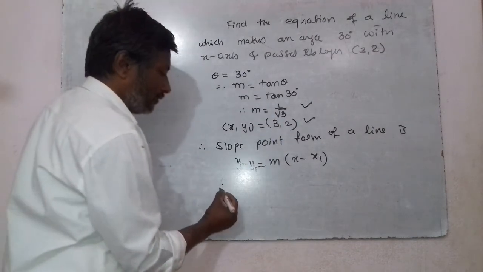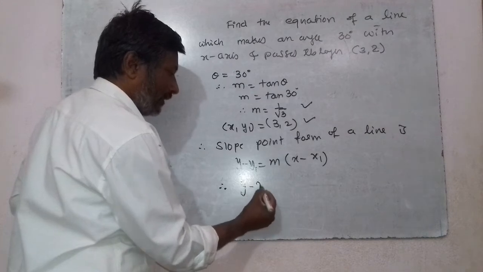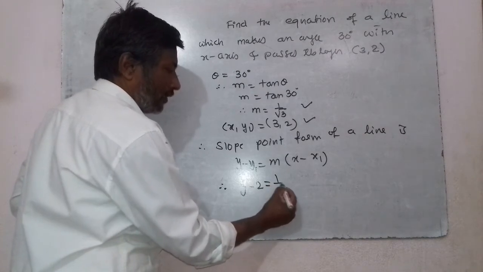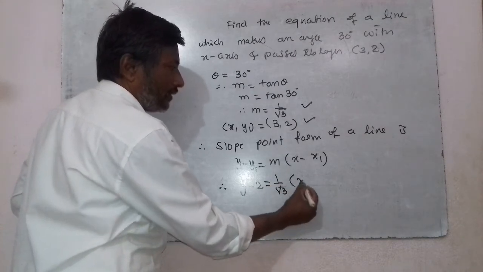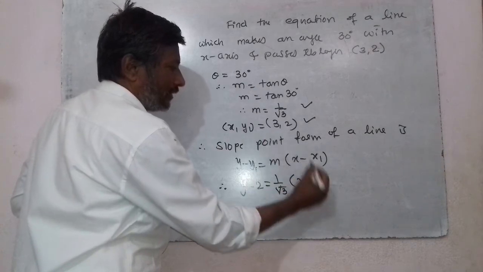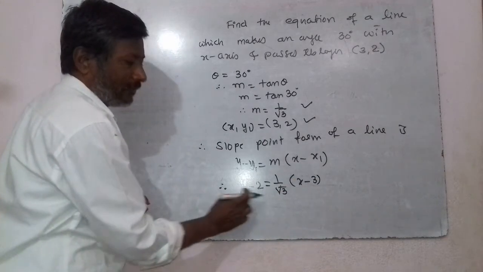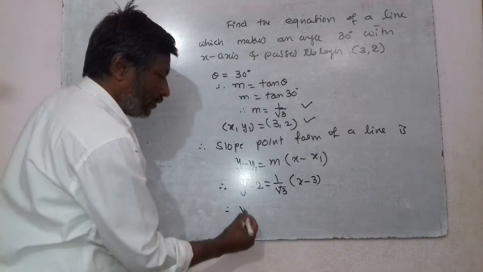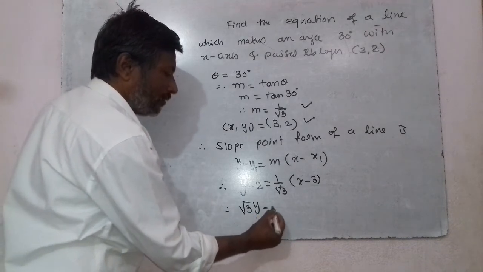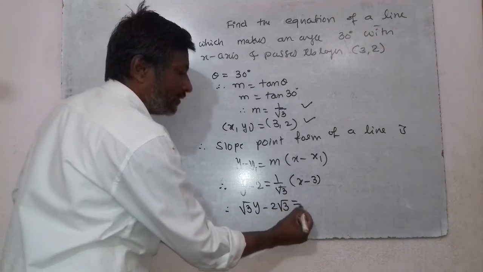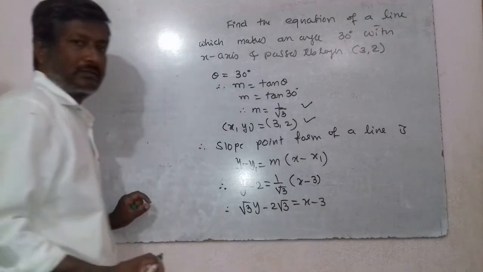Therefore y minus 2 equals 1 by root 3 into x minus 3. Now cross multiply this: root 3 y minus 2 root 3 equals x minus 3.